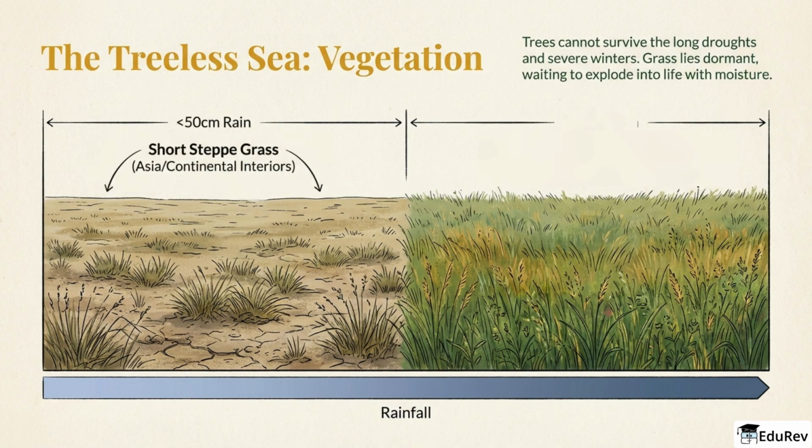Where rainfall is below 50 centimeters, you get short steppe grass, typical of Asia, and strongly continental interiors. Where rainfall is above 50 centimeters, you get long prairie grass, especially in North America and also in the Black Earth belt of Ukraine. This is a classic climate-vegetation relationship. More rainfall, taller grass. Less rainfall, shorter grass.